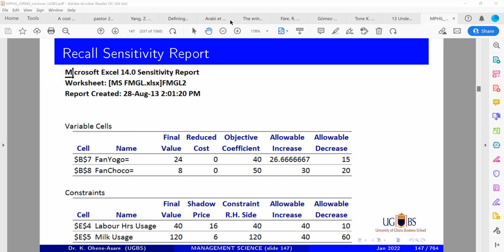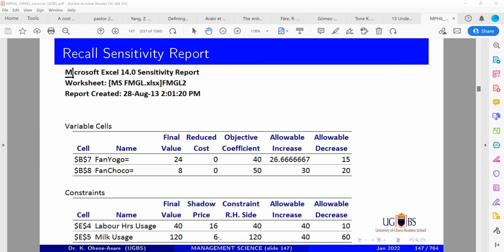Very good, very good. So given the fact that labor has a higher shadow price than milk, it makes sense to choose labor, because what that means is that it's going to increase more profits. It's going to increase the Z value in this case. So it's better to handle that than to put your attention elsewhere. In fact, even if you should increase the gallons of milk by 2 gallons, it will not even reach increasing the hours of labor by 1 hour.